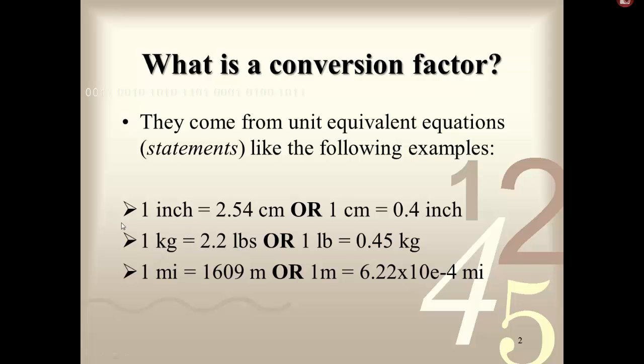If you divide both sides by 2.2, you get 1 pound is equal to 0.45 kilograms, and so on. And you could check me on these values here, but you could use this for any unit, whether it be converting liters to centimeters cube, any unit you're converting, as long as you can find one unit that leads to another, and you'll see that in the next couple slides.